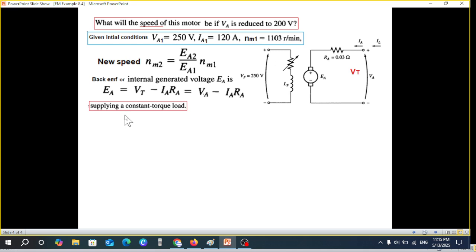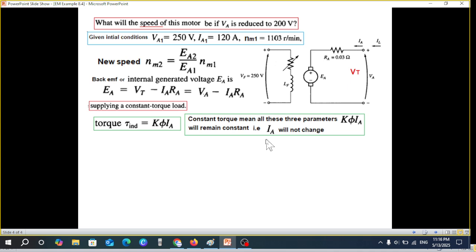Now supplying a constant torque load, as we have seen in the bicycle case, torque induced is given by this formula. And in our case, constant torque means all the three parameters, that is K, phi, and IA, will be constant.